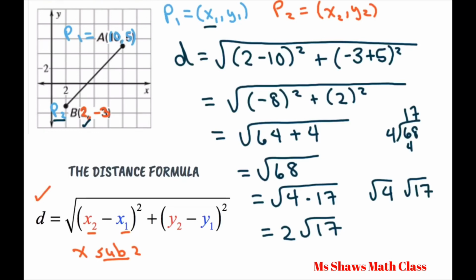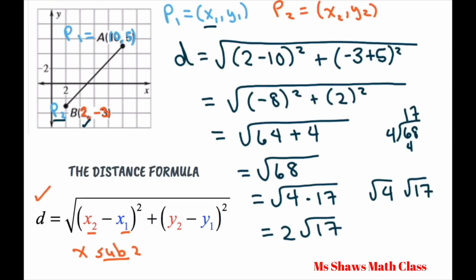Okay, we got 2 more. If you get the hang of this, you can probably stop or try to do some on your own. We're going to go to City Hall to the library. Again, this is supposed to be a straight line. I'll call this point 1 and this one point 2. So your distance is, we take point 2 first, 6 minus a negative 4 squared plus negative 2 minus 3 squared.